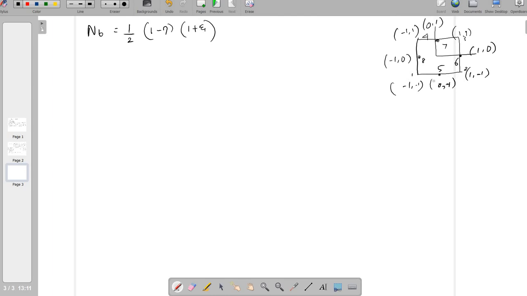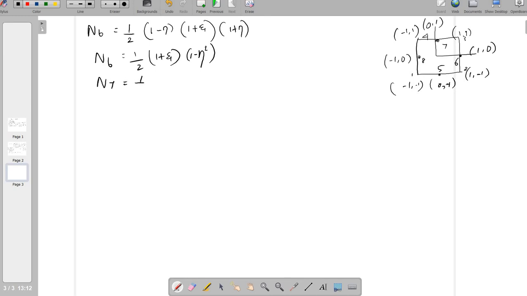The third side has eta equal to minus 1, so it is 1 plus eta. If you simplify, 1 plus epsilon and 1 minus eta square is N6.